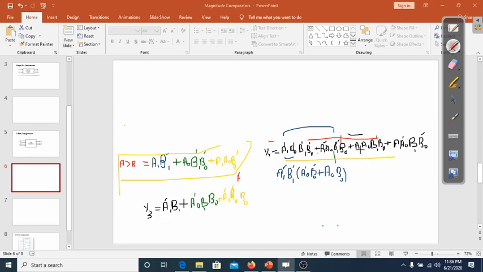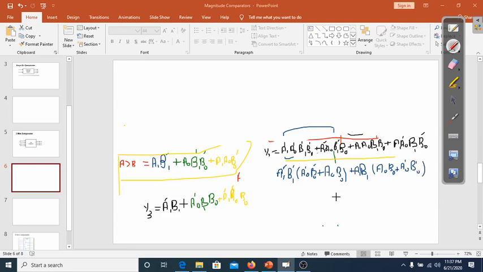So in this term A1 and B1 are common, so I will get A naught B naught plus A naught prime and B naught prime.